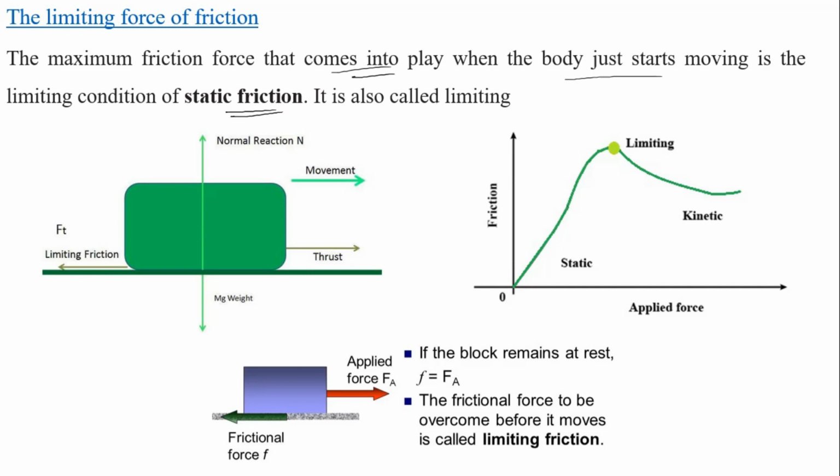This is the body, and the weight of the body, W, acts downward, and the normal reaction, N, acts upward. The thrust force acts to the right, and the limiting force of friction acts to the left when the force P is greater than F. At the point where the frictional force is less than the pulling force, that is called the limiting force of friction.